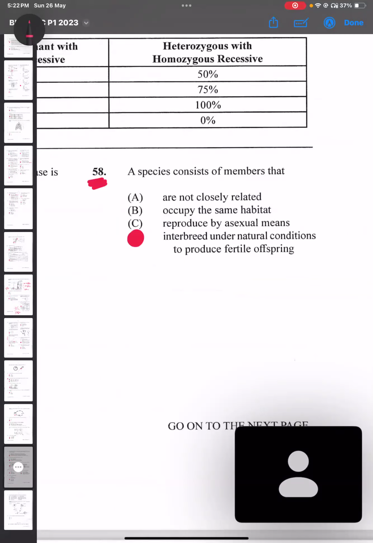See this question? Oh no, please keep your eyes open. Like when I'm sleeping, I keep one eye open, I'm going to keep one eye open for this question because they ask this question a lot, but they change it. So they will say infertile instead of fertile.